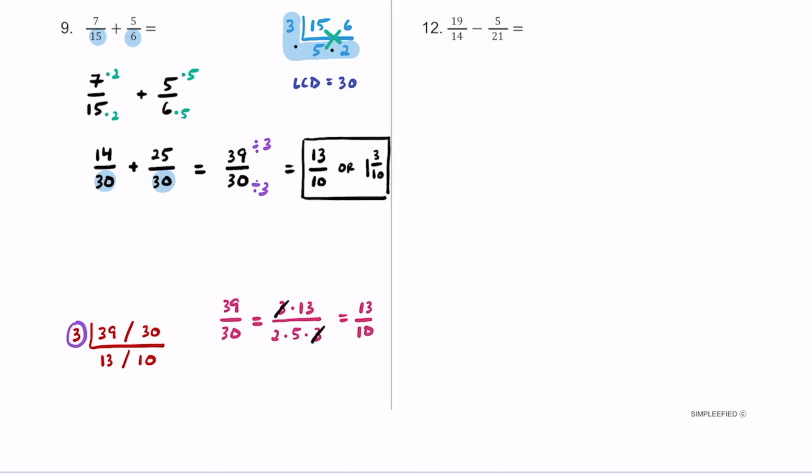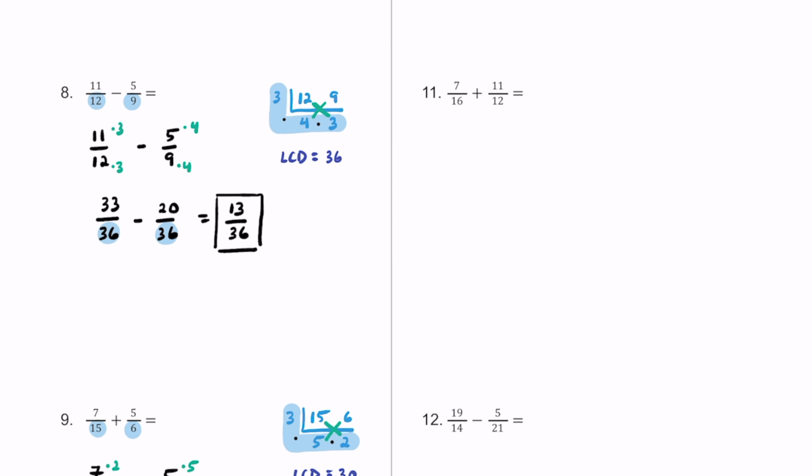So if you prefer prime factorizations, you can use that. If you like the ladder method, that's also perfectly fine. But just always check and see if you can simplify your fractions, making sure that the numerator and denominator are relatively prime. 1 through 8 were all relatively prime when we subtracted or added, so we didn't have to worry about it. But this one we had to check, so please be careful with these types, okay?